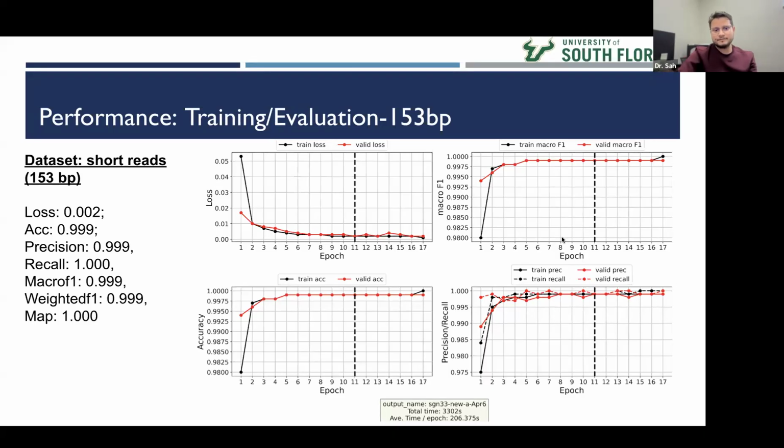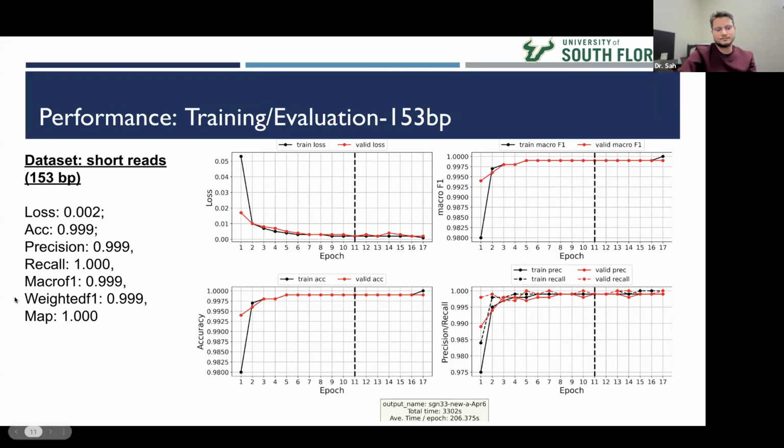Except for loss, everything should be as high as possible. As high as possible in the sense that if it reaches close to 1, the model is the best. And for the loss, if it reaches close to 0, that's the best.